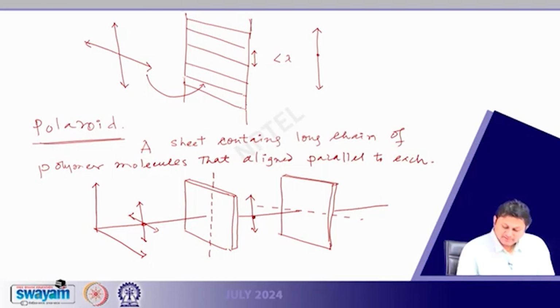Then if we rotate this other Polaroid film 90 degrees so that its pass axis is now perpendicular to the previous one, then we do not get any light. So, there will be no light.